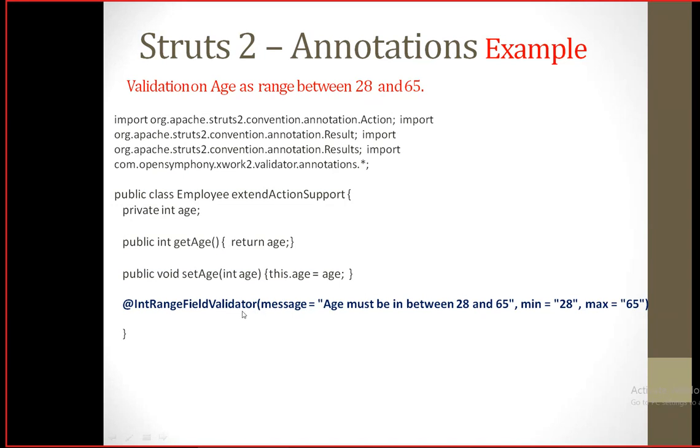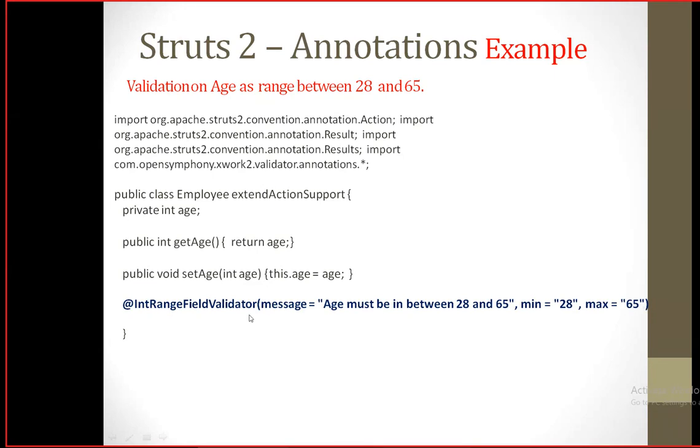Now, suppose we want to validate the age field. We are specifying a message which is to be printed if the range is not properly given. We'll specify that message as the first argument. The minimum value will be the second argument, and the maximum value will be the third argument for this function.